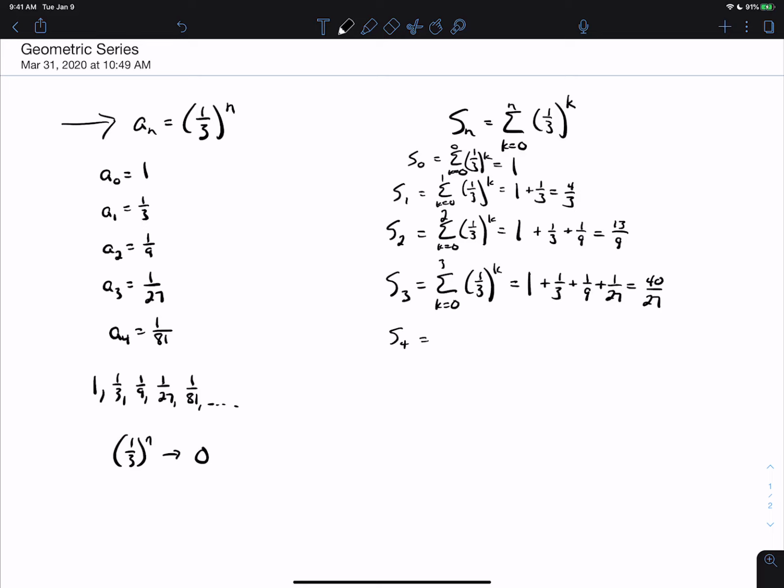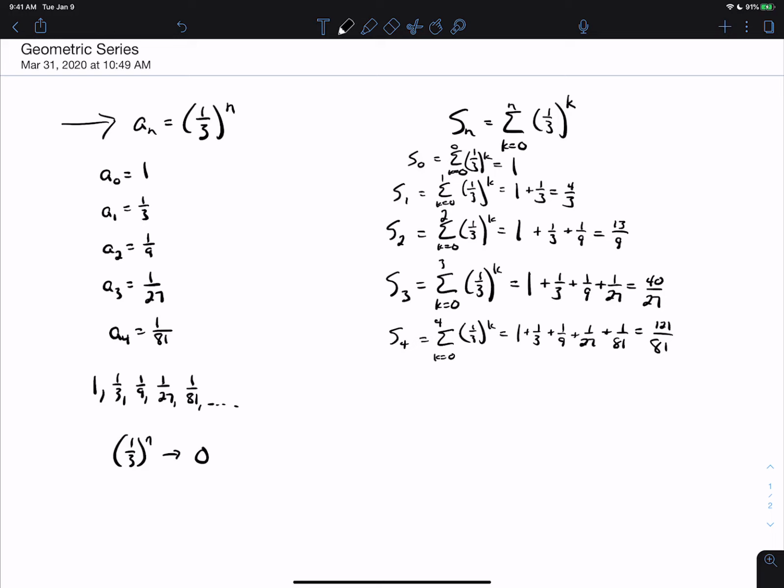So let's get S_4. That's the sum k equals 0 to 4 of 1/3 to the k. That's going to be 1 plus 1/3 plus 1/9 plus 1 over 27 plus 1 over 81. And when we add those, we get 121 over 81.